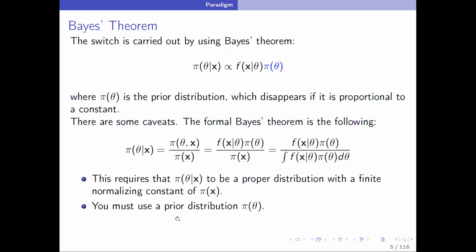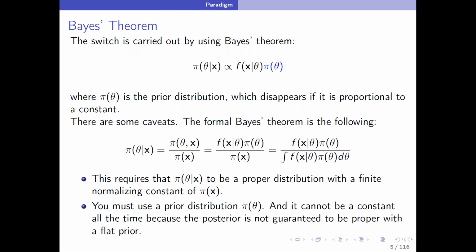The second caveat is that you must use a prior distribution. That is a must, and that is sometimes an issue to a lot of people. It cannot be a constant all the time because, for the reason I described, the posterior is not guaranteed to be proper with a flat prior.